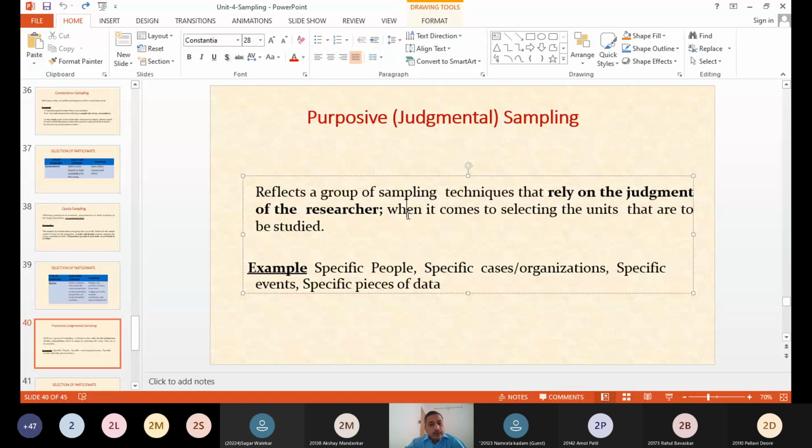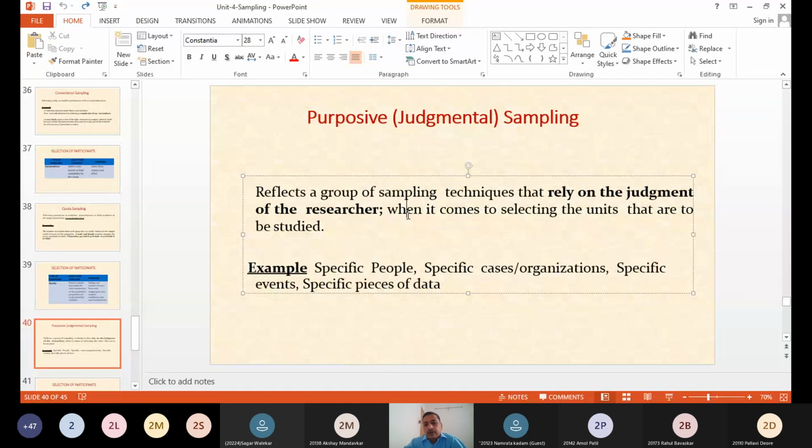So when a researcher wants to study a certain population, and uses his judgment in selecting the sample, he may select the sample from that population based on his judgment and his experience about the units in the population, which he feels are more informative.